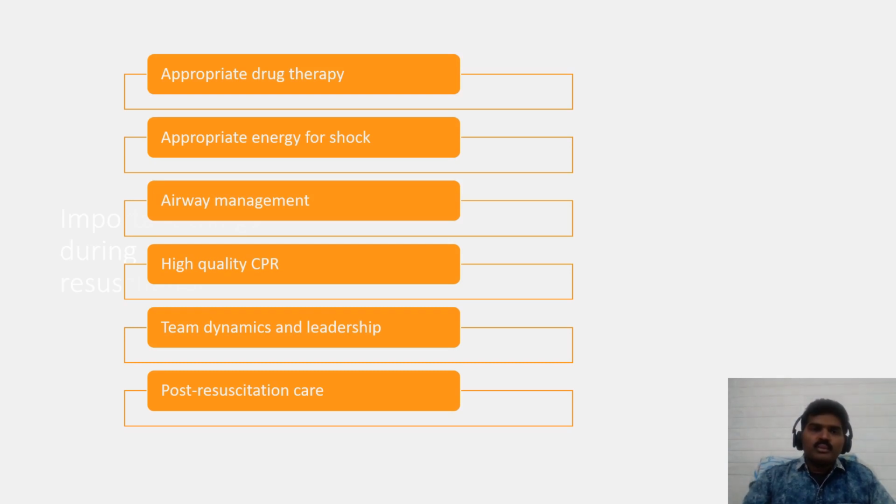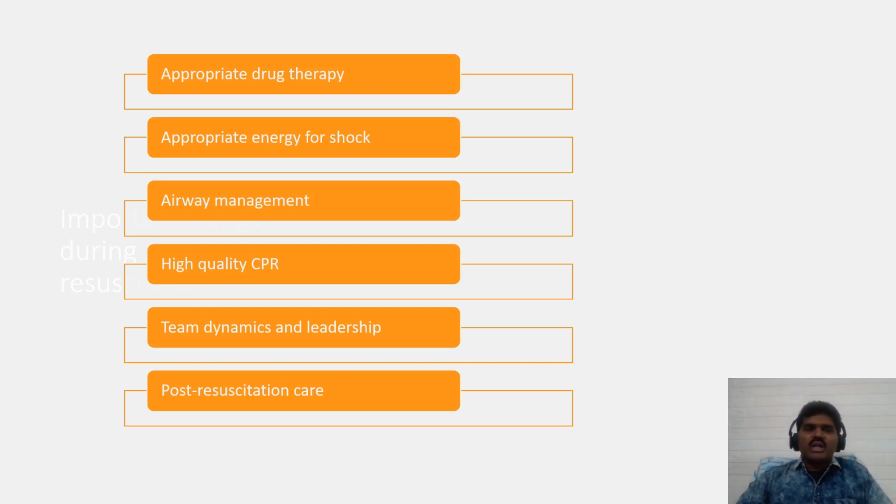Epinephrine 1 milligram IV or IO, give every 3 to 5 minutes or every alternate cycle. Amiodarone, 2 doses can be given if you are seeing a shockable rhythm refractory to shock. After 3 shocks, you give the first dose of amiodarone. After 4 shocks, you give the second dose. The first dose of amiodarone is 300 milligrams and the second dose is 150 milligrams.